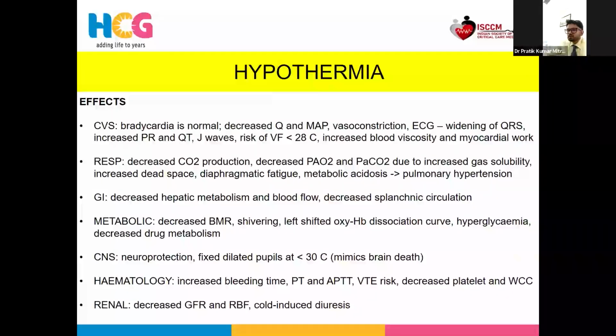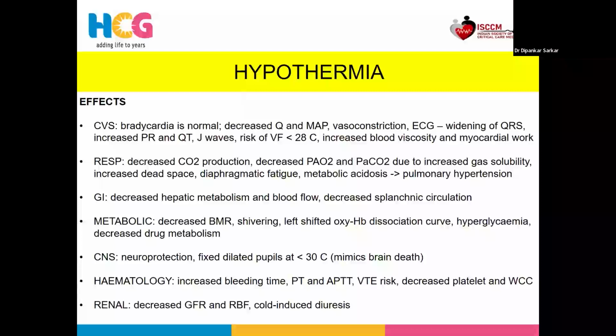Yes. In this slide you can all see the effect of hypothermia on the different organs and systems of the body. Especially in burn patients, there may be further risk of hypothermia from the exposed skin, and also a rise in infections. There may be an effect of hypothermia on the cardiovascular and respiratory systems, in every organ and every system.